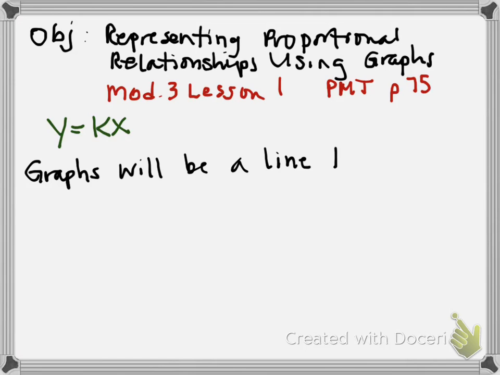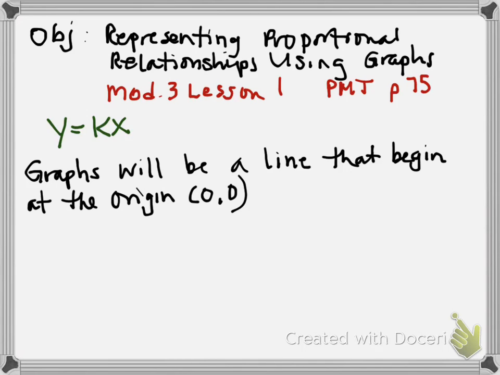It will be a line that begins, and by the way, what do we call the 0, 0 ordered pair? It's got a name. It's called the origin. So the graphs will be a line that begins at the origin, 0, 0. Okay.